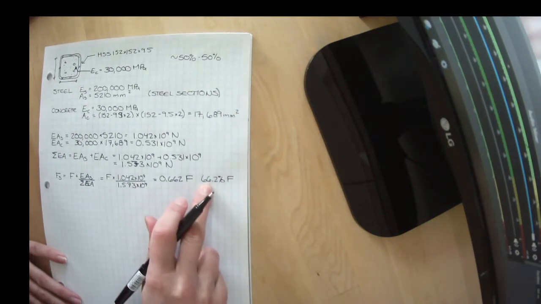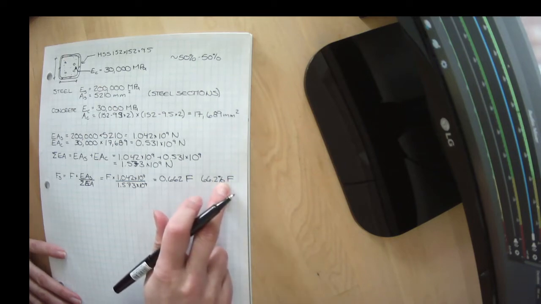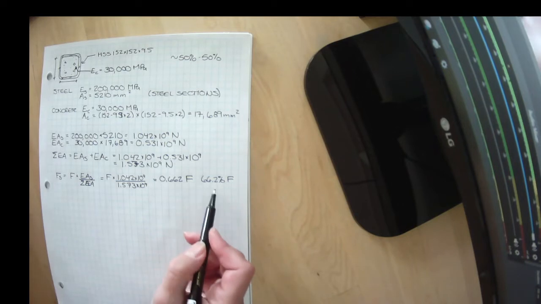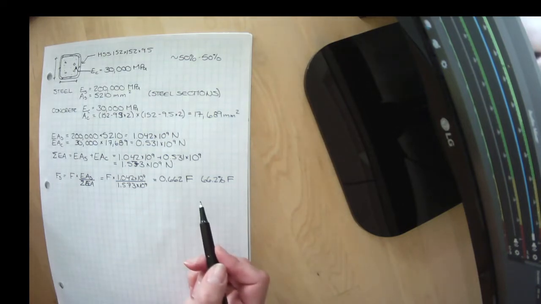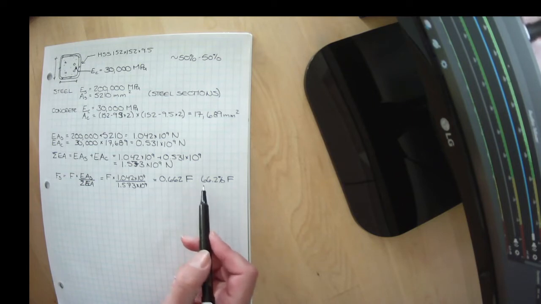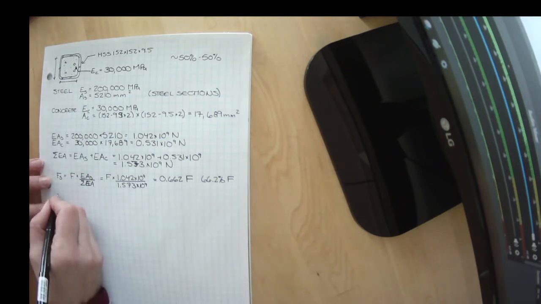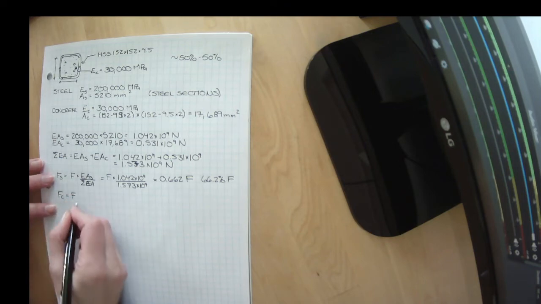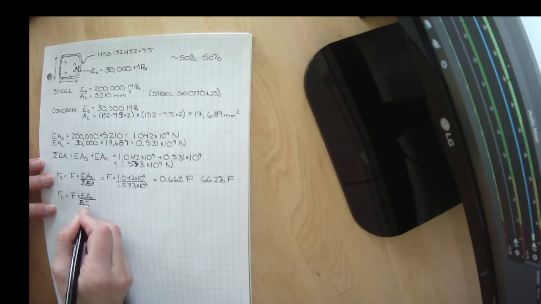So we now have the percentage that's going to the steel. We know that 100% is the total. We could take 100 and subtract the percent going to the steel because the rest is going to the concrete. Or we can calculate it: the total force times the EA of the concrete contributing to the total system.